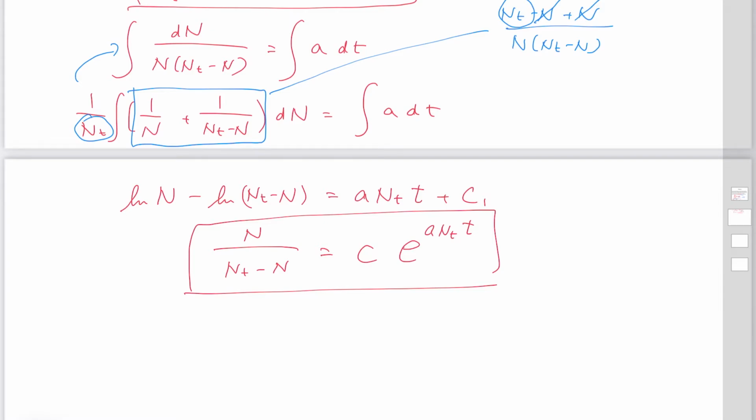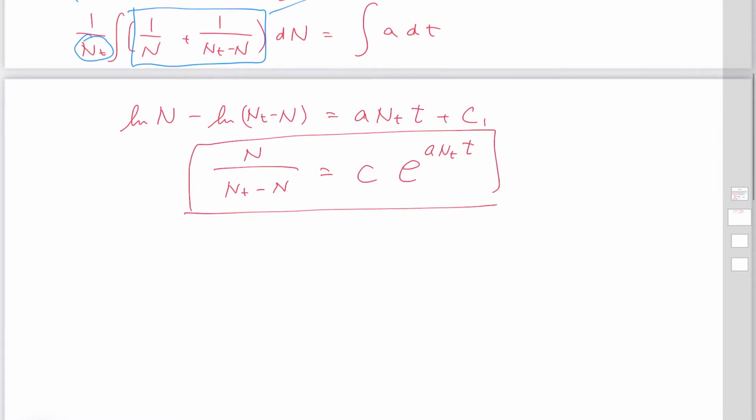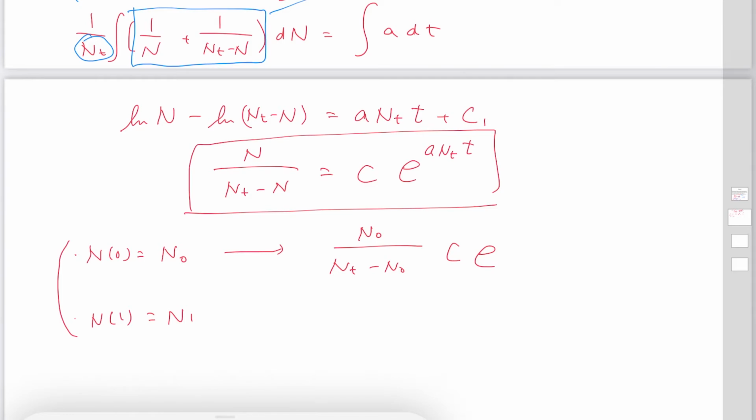Then we have the initial conditions: at t equals 0, n equals n sub 0, and at t equals 1, n equals n sub 1. So we have two conditions. From the first condition, substituting n equal n sub 0, n sub 0 over n sub t minus n sub 0 is equal to c.